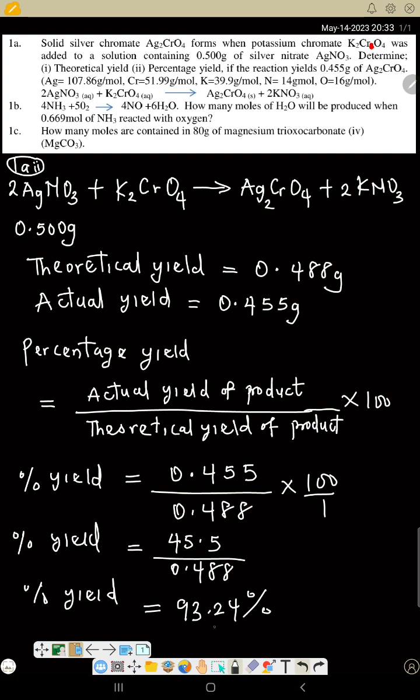So that is our percentage yield, 93.24%. That is for the II. So we are through with the A part now. So let's see the B part. So 1B.